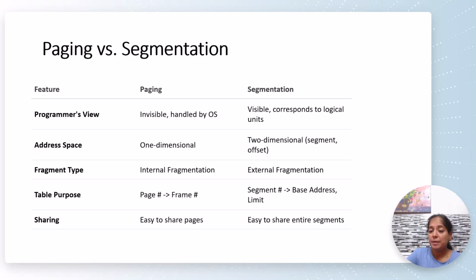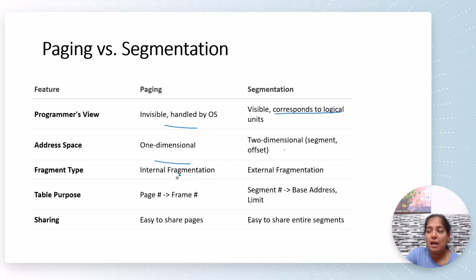So if we compare paging versus segmentation: segmentation supports the user's view, the programmer's view, whereas paging doesn't support it. Paging is completely done by the operating system. In paging, your address space is one dimensional, whereas in segmentation, the address space is two dimensional.